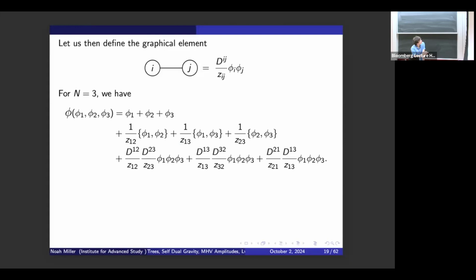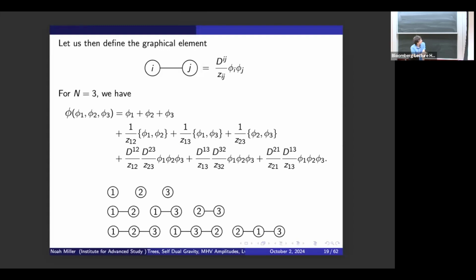When I have this big phi and then these seed functions in there, that's my notation for the Perturbiner expansion of these seed functions. So we can rewrite all the terms in this n equals 3 Perturbiner expansion using these diagrams. These single trees are just these initial seed functions here, and then here we have the second order terms, and here we have the third order terms. Okay, so that's for n equals 3.